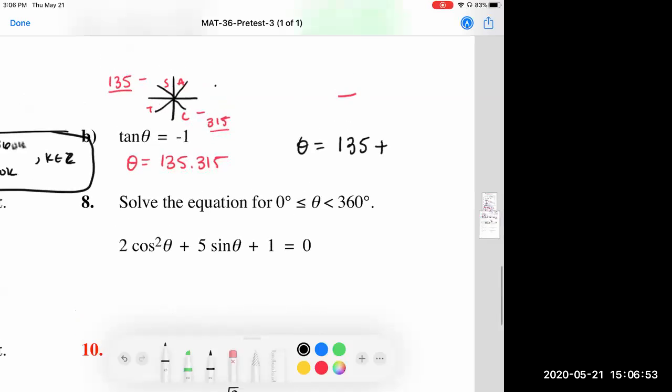Do you see how from here to here is 180? At some point in our sections, we talked about how tangent, cosecant, and secant have a period of 180 degrees. So it makes sense that it repeats at every 180 degrees. So you can also write it as 135 plus 180k when k is contained in Z. So that's also another way to write it.